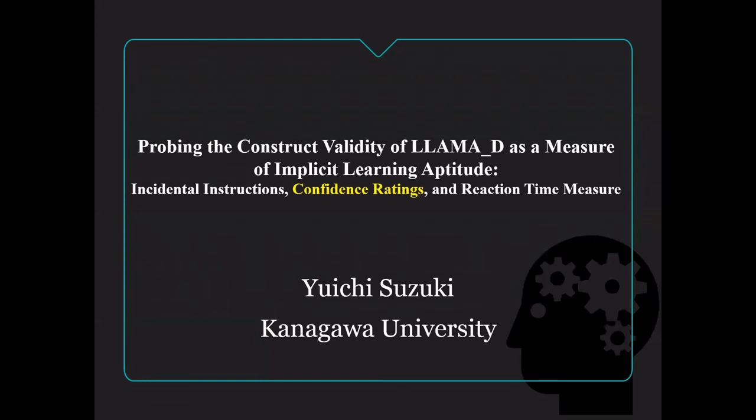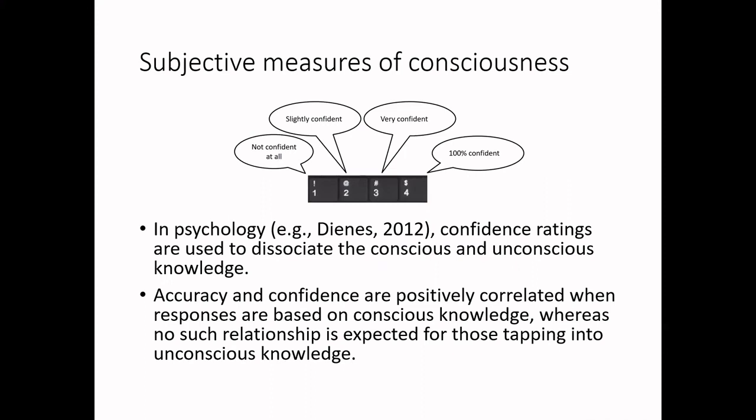Next is confidence ratings. In cognitive psychology, subjective measures of consciousness are used, such as confidence ratings, and it is believed that confidence ratings can dissociate conscious and unconscious knowledge. Accuracy and confidence ratings are positively correlated when responses are based on conscious knowledge.